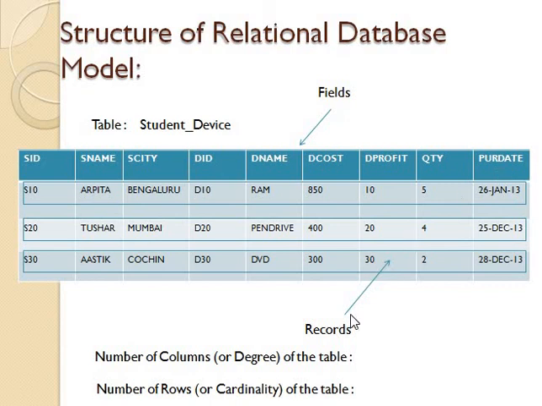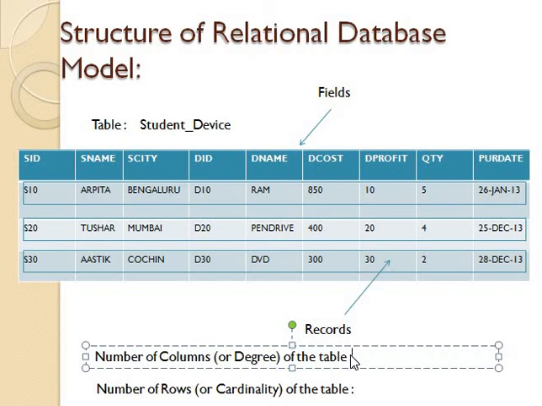So we have in total 9 columns for this table. So we say that the degree of the table is 9. Just count these fields.